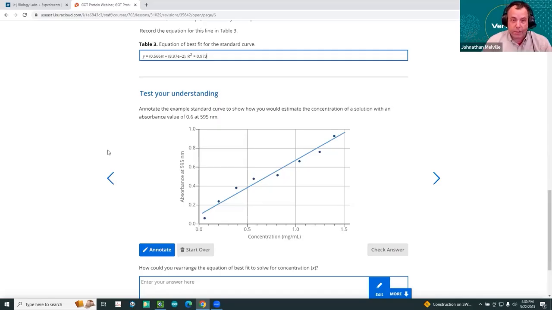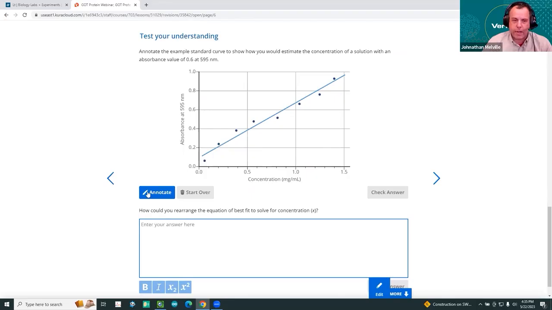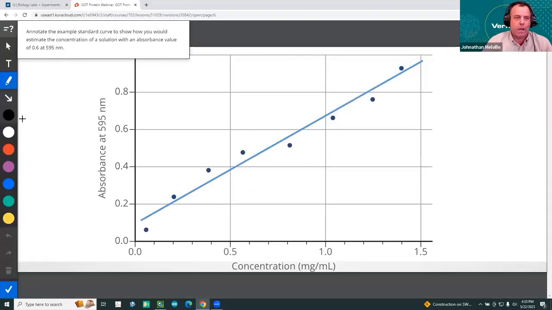And then, just so that students can understand what they've made, this is a really nice graph here that students can take a look at to test their understanding. They can annotate it. And it basically asks them, hey, if we have an unknown sample of an absorbance of 0.6, what is the concentration? So students can annotate that.